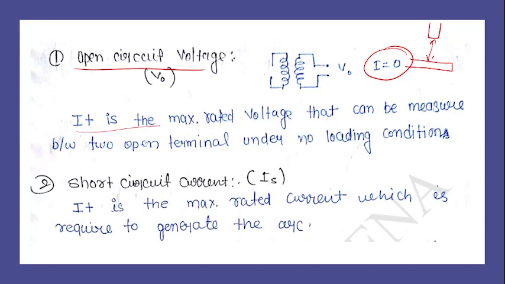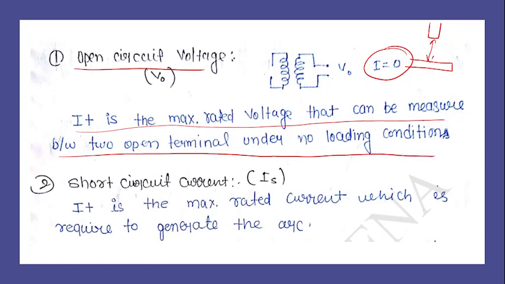So it is the maximum rated voltage that can be measured between two open terminals under no loading condition. So when your workpiece and electrode are far away, then there is no current flowing, and that voltage will be called V naught. Then short circuit current: we are producing an arc with the help of a short circuit, right?